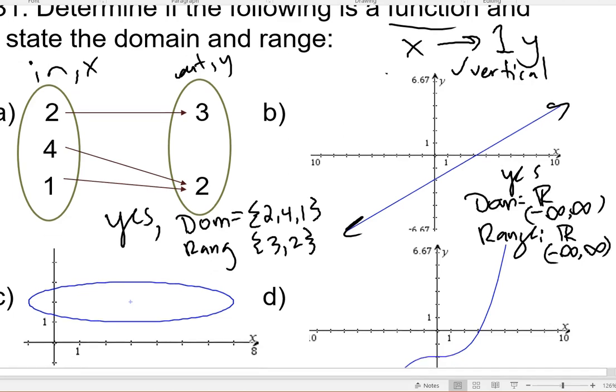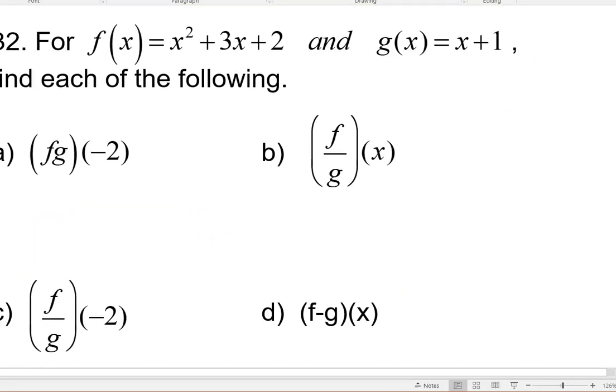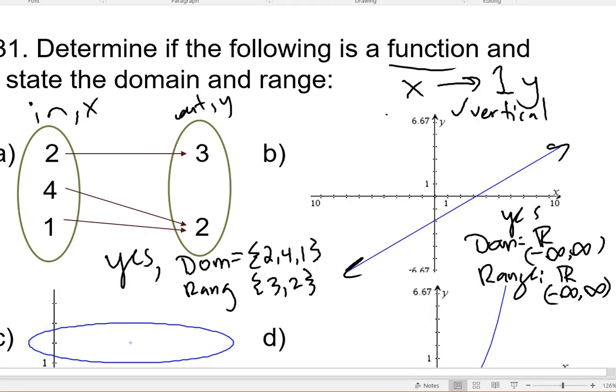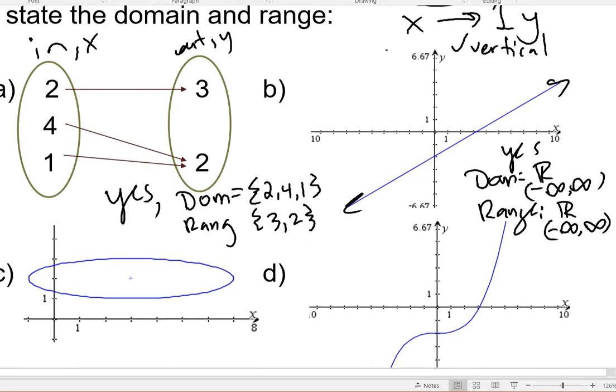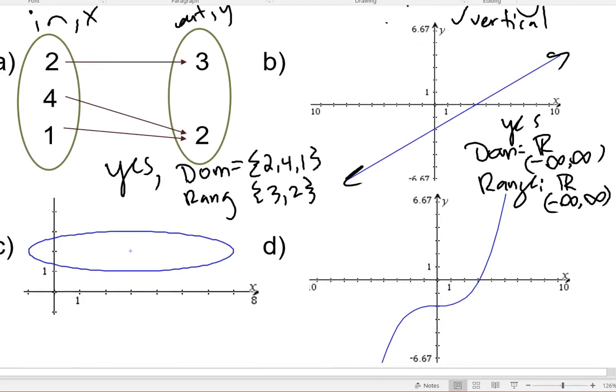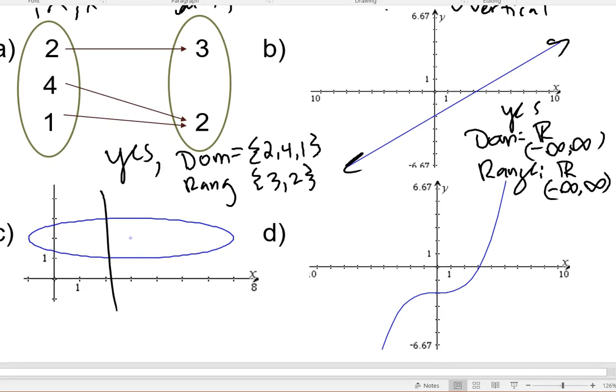On C, is this a function? Nope. How do I know? Well, when I draw a vertical line, the vertical line test crosses twice. So this one is not a function. You can still see the domain though. The domain are the x values.